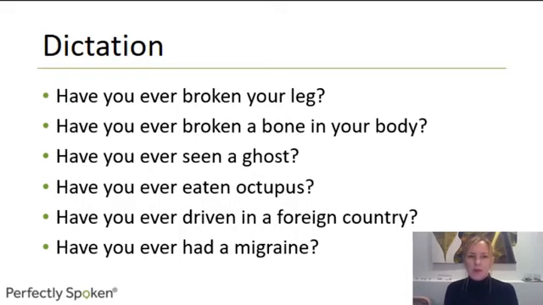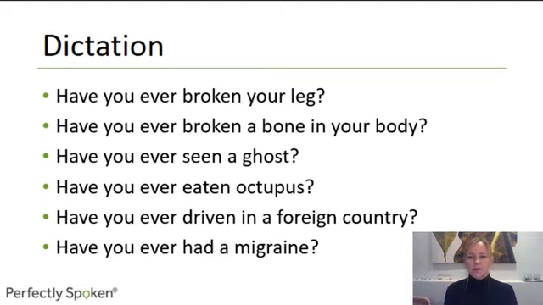So identify the past participles here again and what is the infinitive of the verb. Okay, so the first one, broken. What's the infinitive? The infinitive is break. The spelling, B-R-E-A-K.